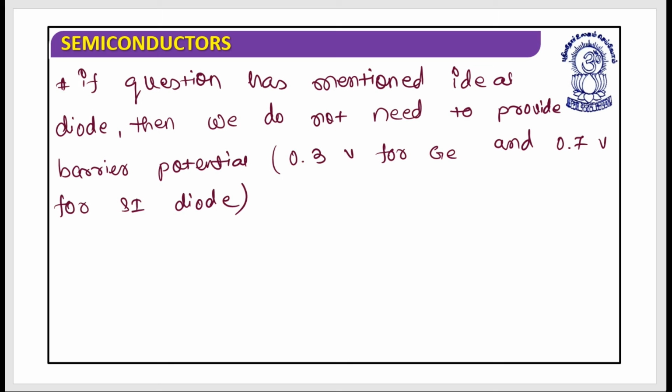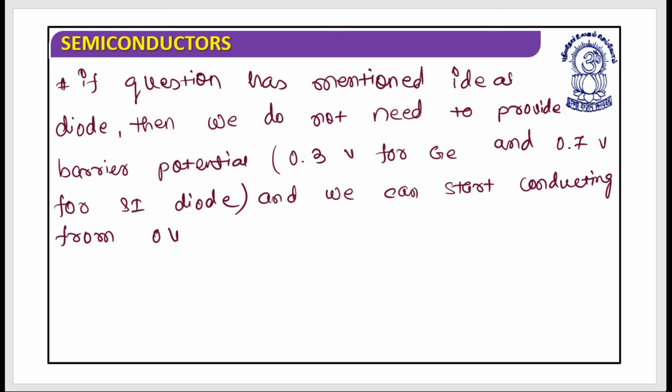So we do not need to provide barrier potential, and we can start conducting from 0 volt and onwards for forward bias.